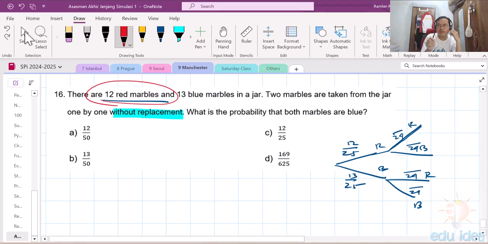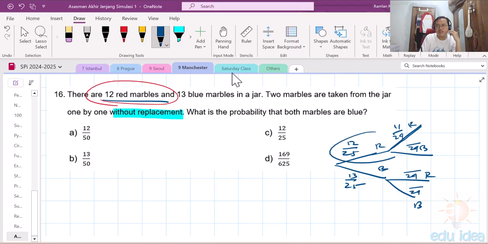So if the red marble is not put back into the jar, now the red is not 12 anymore, but becomes 11 because you already took 1. Now the same thing with the blue one. In this branch, the red one is reduced by 1, but all the blue stays inside the jar. So there will be just 13. So this is 13 over 24.